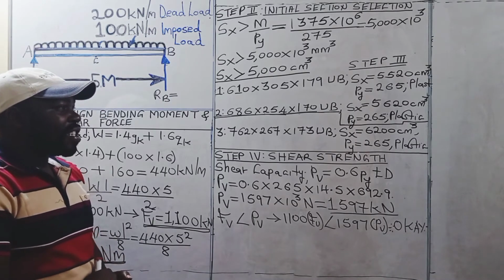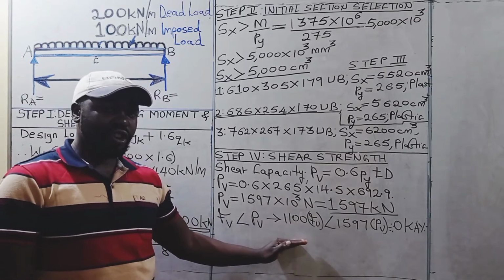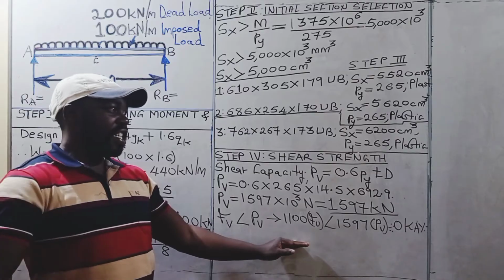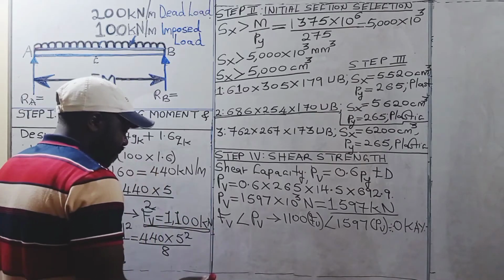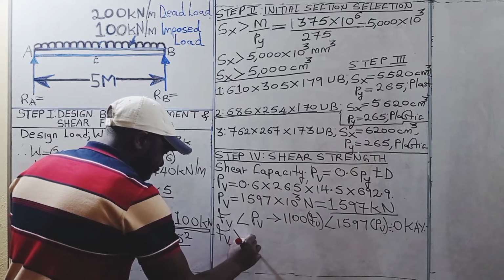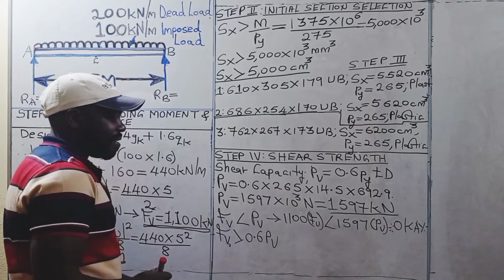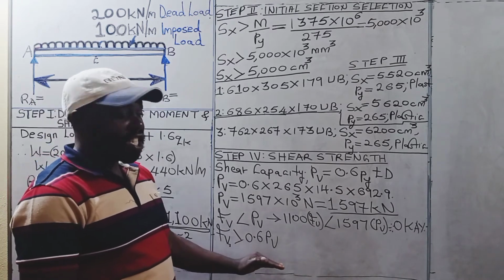But we also need to know whether we are dealing with high shear load or low shear load. And we know that if FV is greater than 0.6 PV, then it means that we are dealing with high shear load.